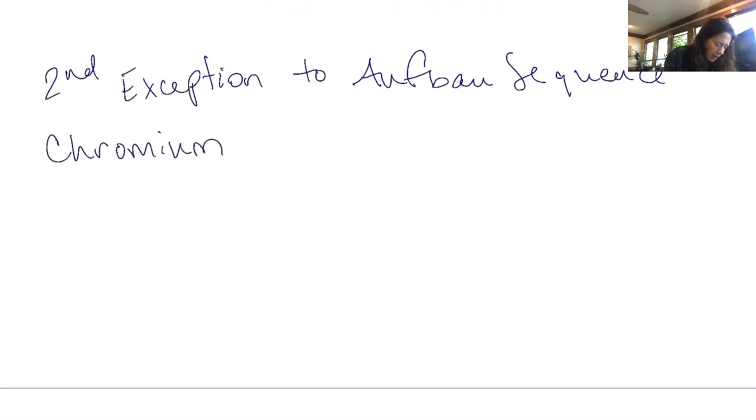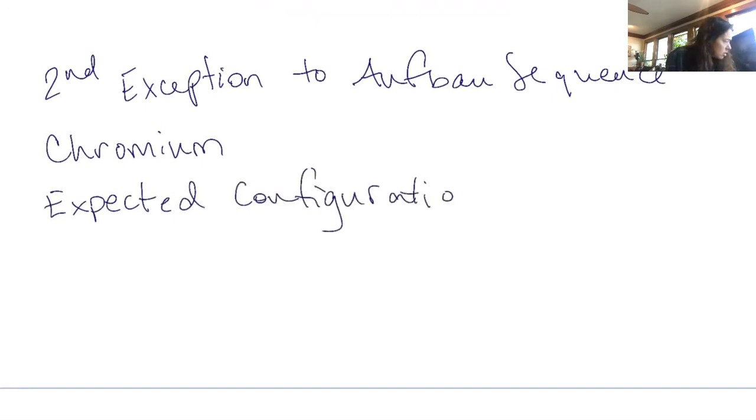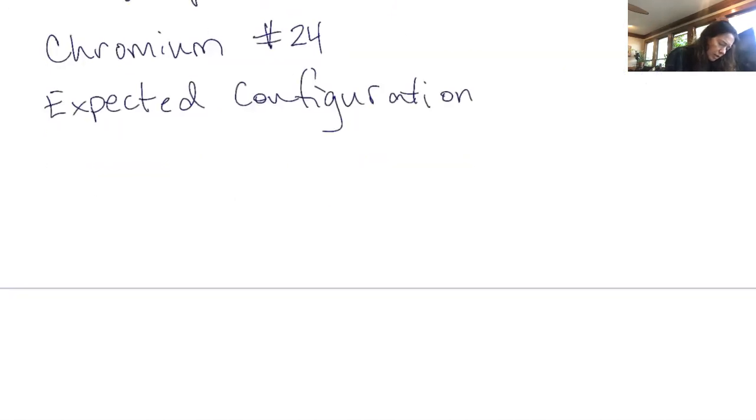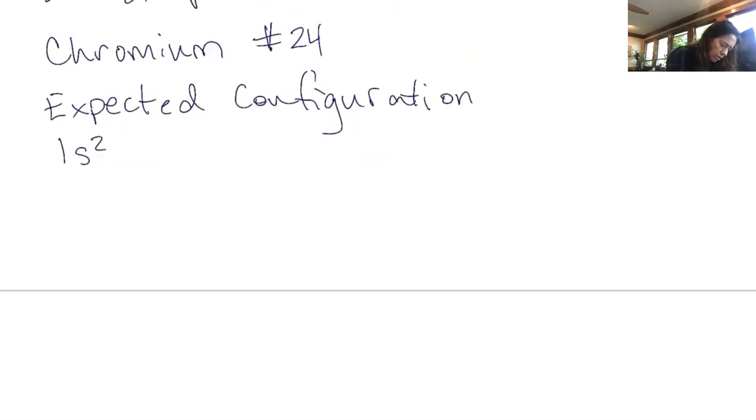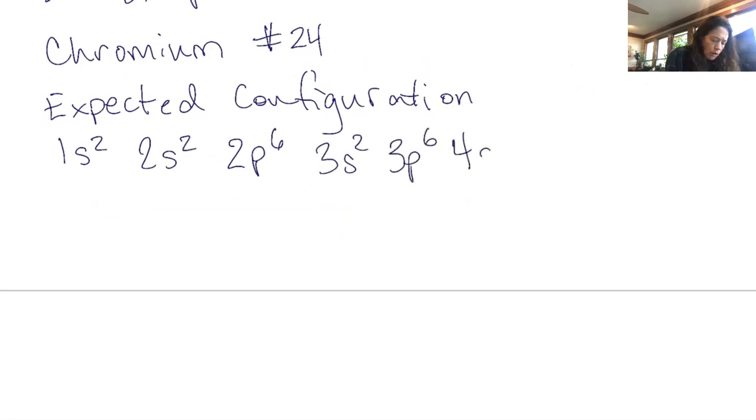And what we expect to see, the expected configuration for chromium, which is atomic number 24, is 1s2, 2s2, 2p6, 3s2, 3p6, 4s2, 3d4. That's what we would expect, right?